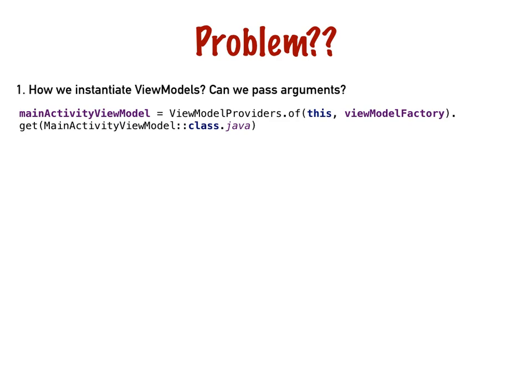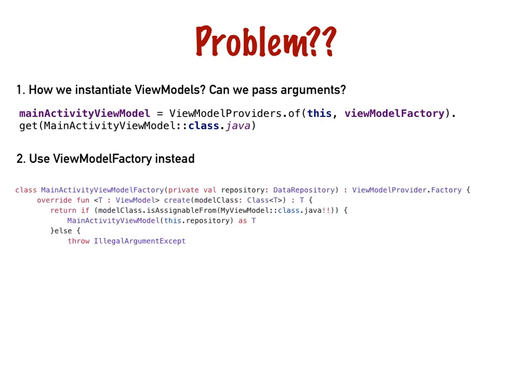But the problem is here, if you can notice, can we pass arguments like this? No, right? To solve this problem of passing arguments, the architecture components have given us the view model factory. In the view model factory you pass your arguments, and that view model factory has to extend ViewModelProvider.Factory.